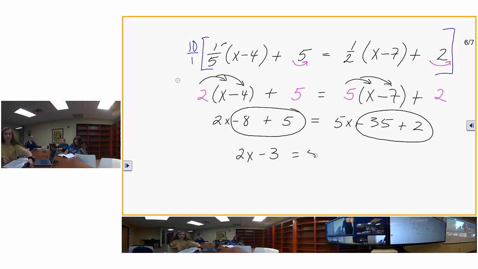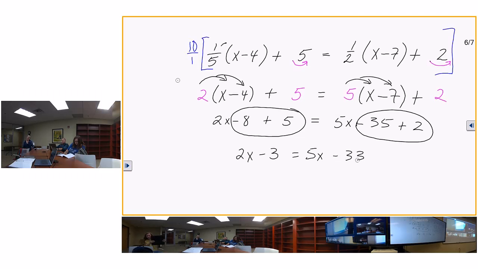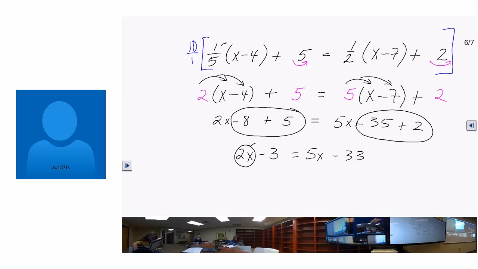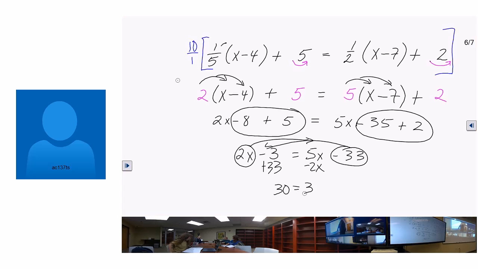And 5x. What's negative 35 plus 2? Negative 33. And I'm going to bring the 2x over. And I'm going to bring the plus 33 over. And I get 30 is equal to what? And x is equal to what?